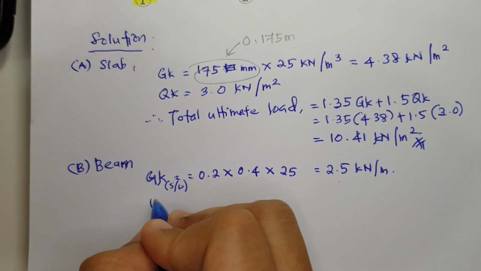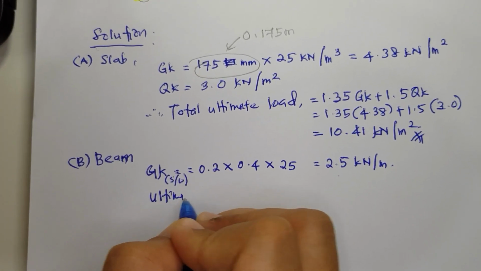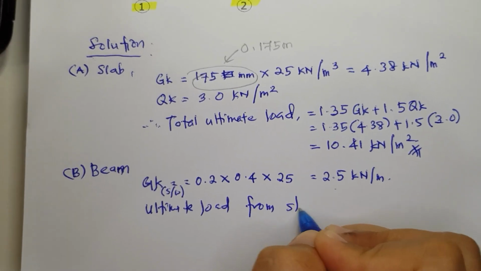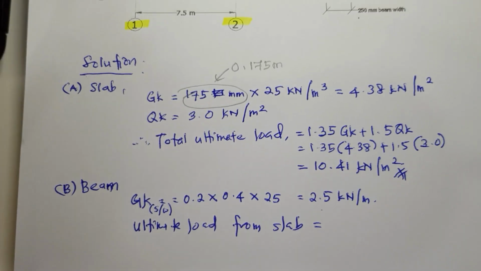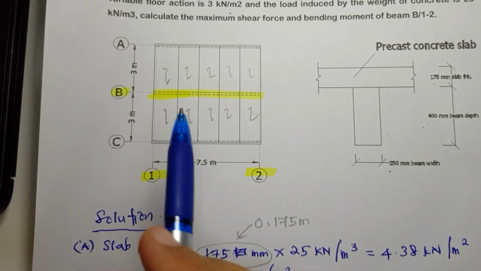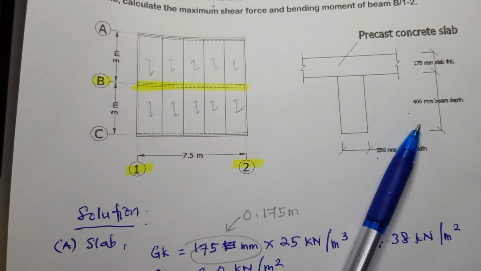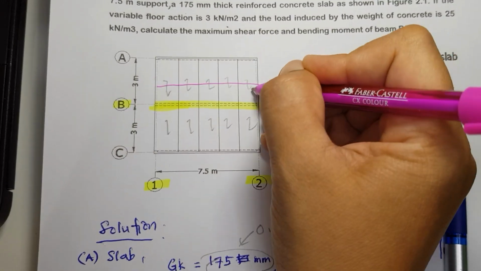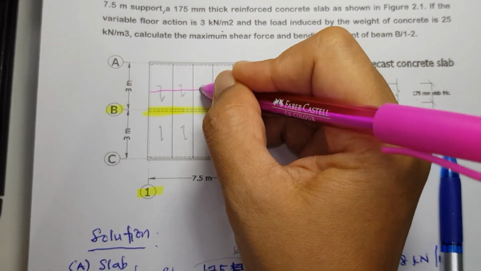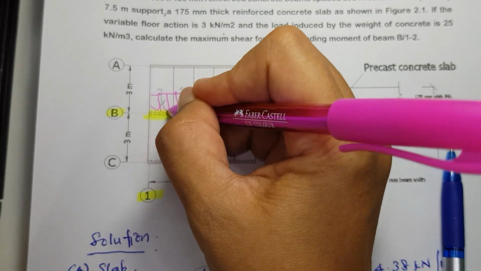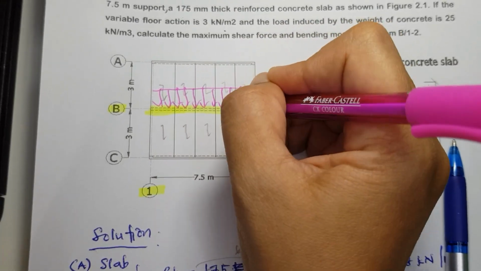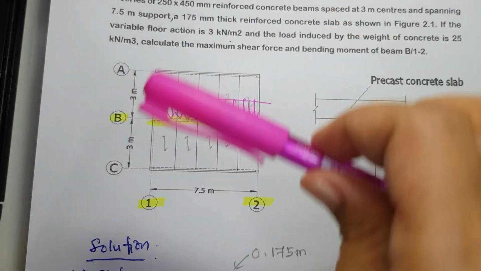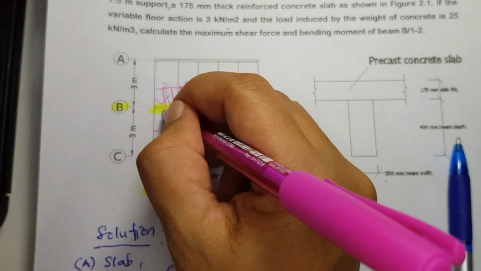So we know the ultimate load from slab. So this is our beam in one-way direction. So half goes to this beam, and another half is distributed to the other beam. The same goes to this part, this area.